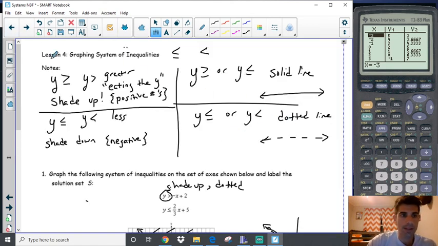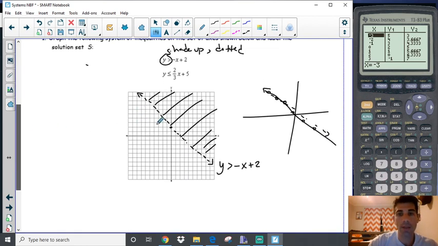And it's kind of the same thing here. Any point you'd pick on the line is a solution, but this says greater than, not equal to. So any point that you pick on this line is not a solution. But any point you decide to pick in this shaded area is a solution for that line.